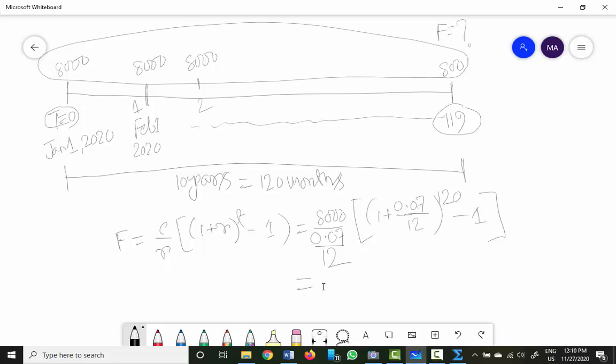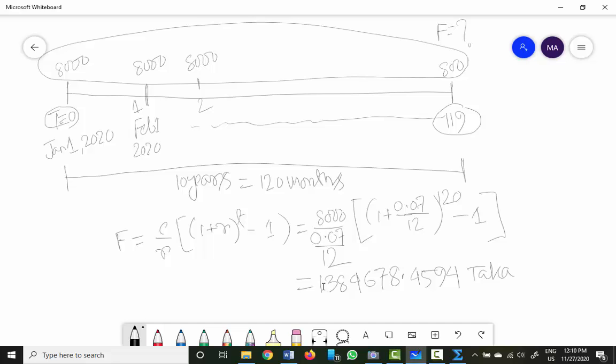Right, so we should get 1,384,678.4594 taka at the time of the last deposit.